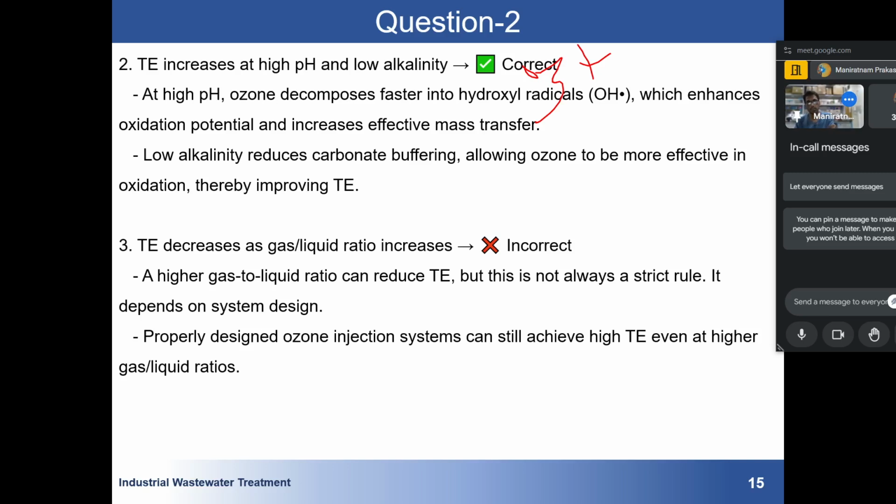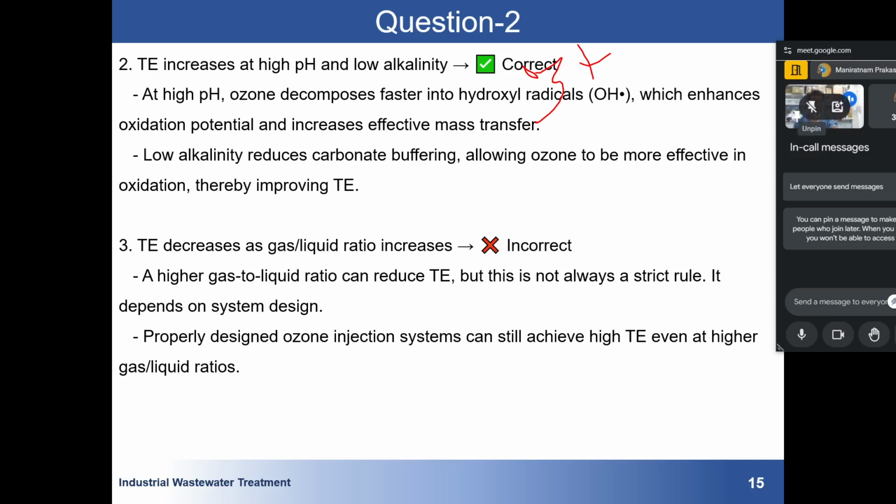Low alkalinity reduces the carbonate buffering. We have seen the example of carbonate: in the presence of carbonate, the efficiency decreases. So if we decrease the alkalinity, we decrease the concentration of carbonate.